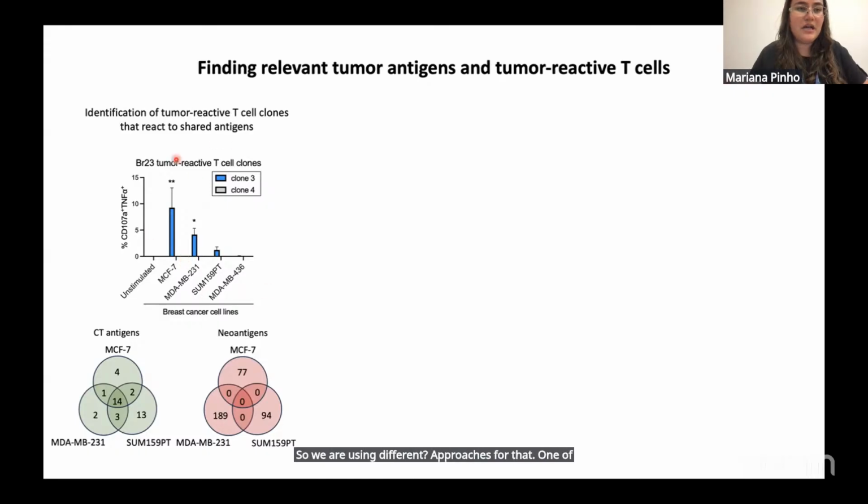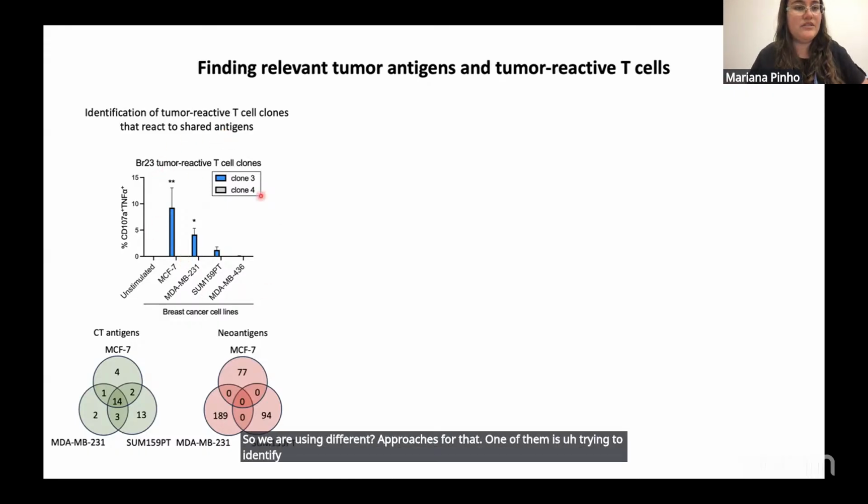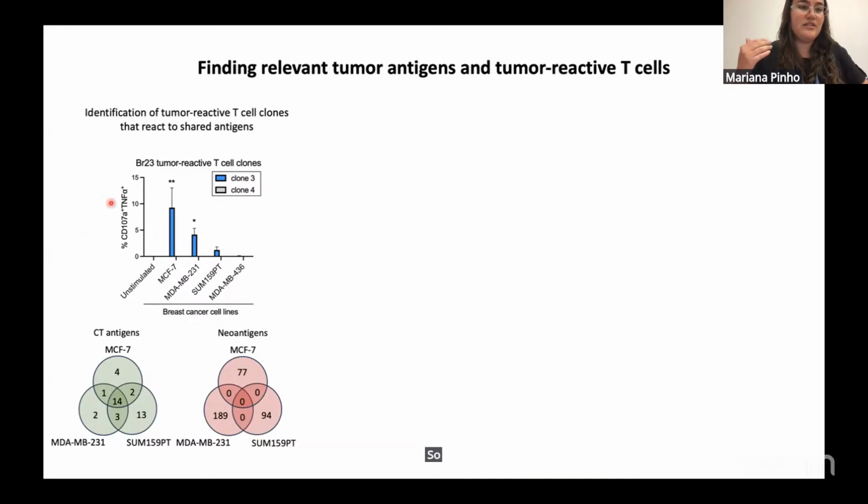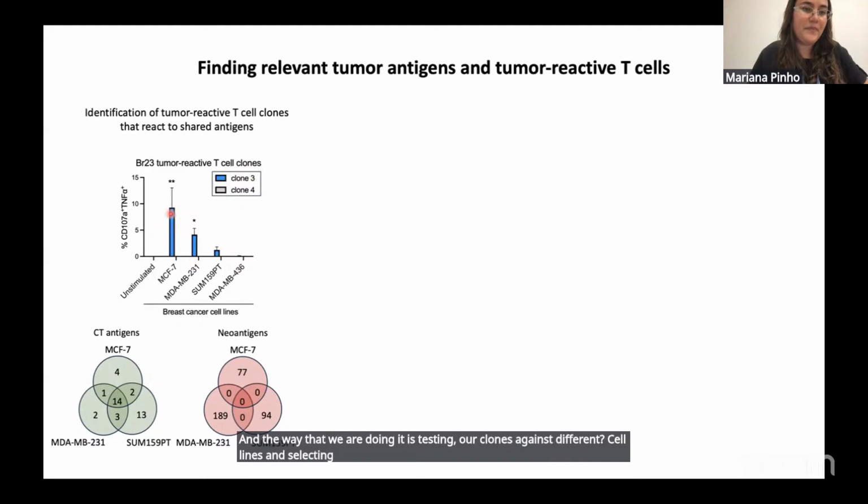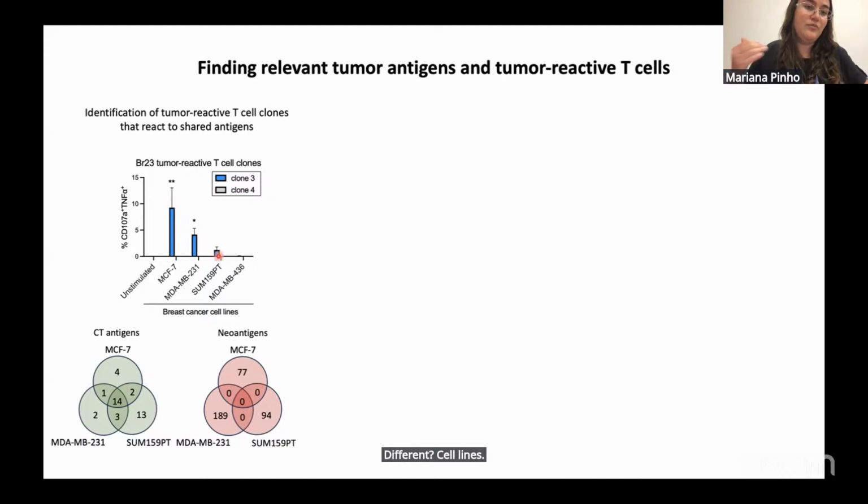One of them is trying to identify tumor-reactive T cell clones that react to shared antigens, so antigens that will be expressed by more than one tumor. The way that we are doing it is testing our clones against different cell lines and selecting clones that react to and kill multiple different cell lines, because these would probably be specific for a shared antigen.